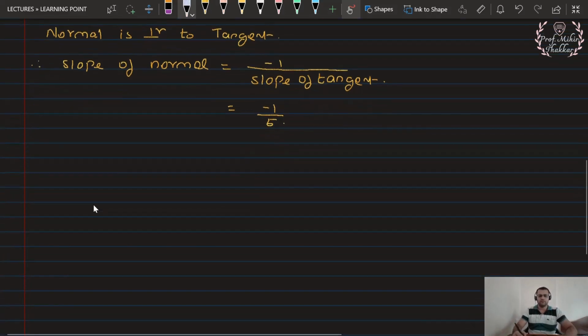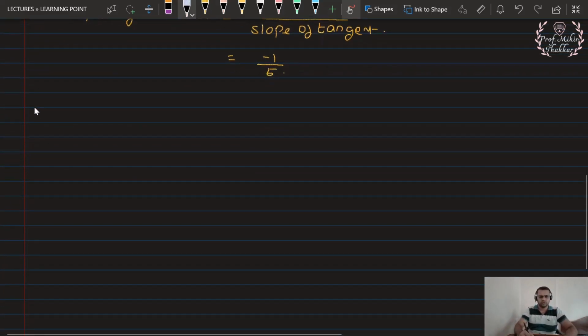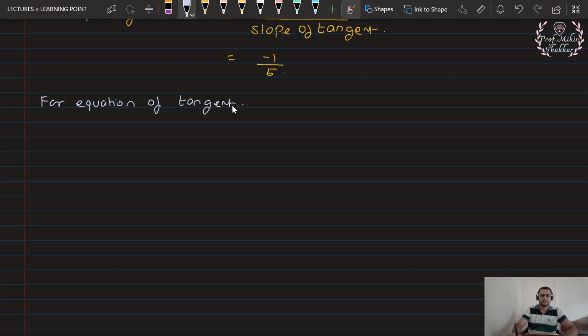Now when I want to find out the equations, so we will say over here, for equation of tangent, (x1, y1) is equal to (1, 3), as we all know, and the slope of the tangent is 5.